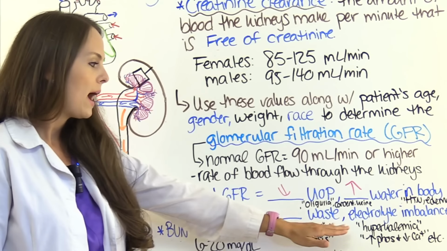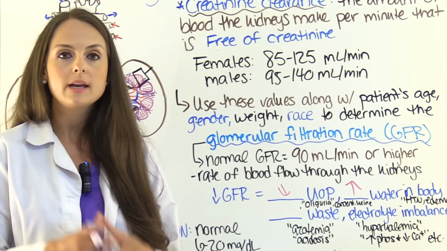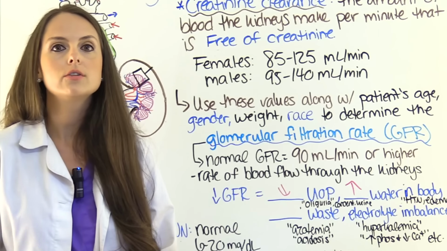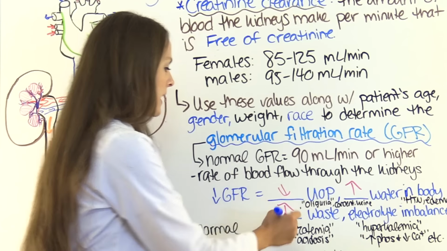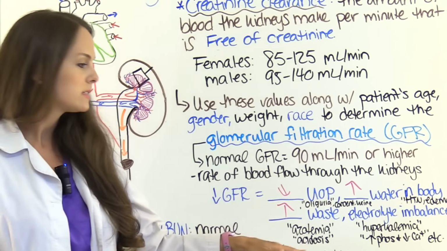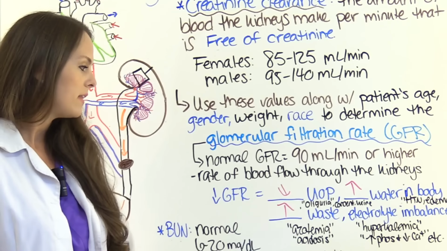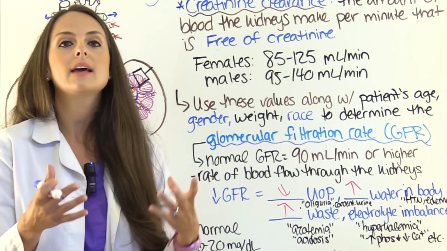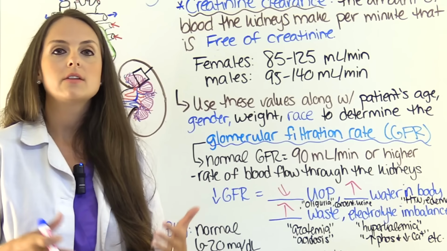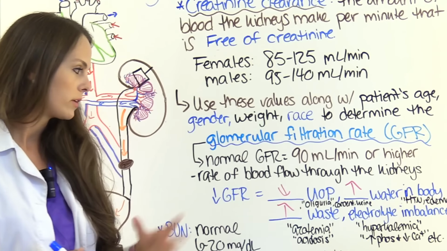Now, what will happen to the waste in the blood, specifically the BUN and creatinine levels? They're going to really increase as well. So your patient's going to start experiencing azotemia, which is the buildup of waste in the blood, and they can enter into metabolic acidosis, acidotic conditions, because they are not excreting those hydrogen ions like they should, and you have decreased bicarbs. So we're going to get that.